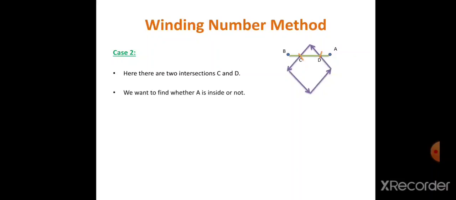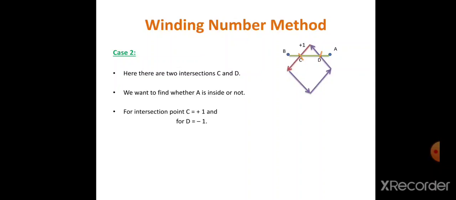So, to check whether that point A is inside or not, what we have to do? First we will see for the point C, here the line color is changing. You can see that this line is starting from above the line AB and it ends below the line AB. For that we are considering its count as a +1.